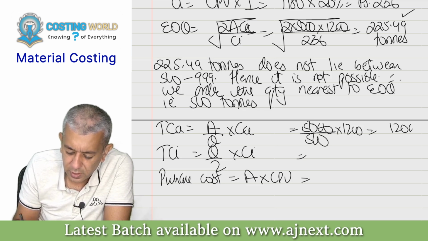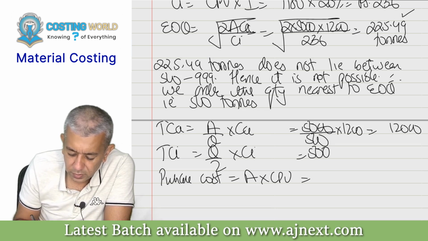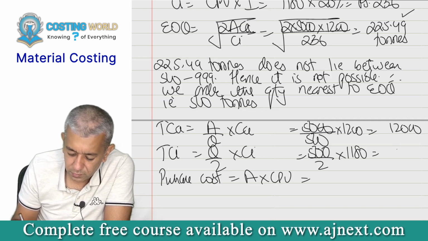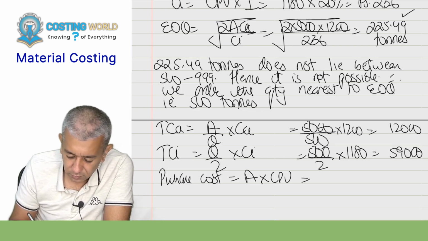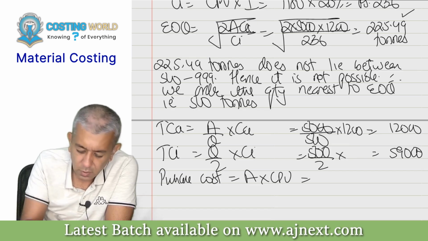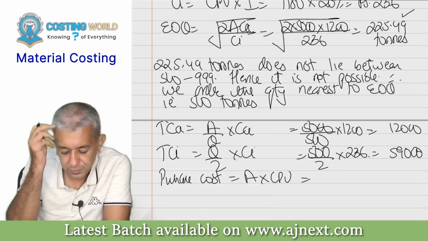This will be 12,000. 500 divided by 2 into 1180. Sorry, into 20% I had to be doing.